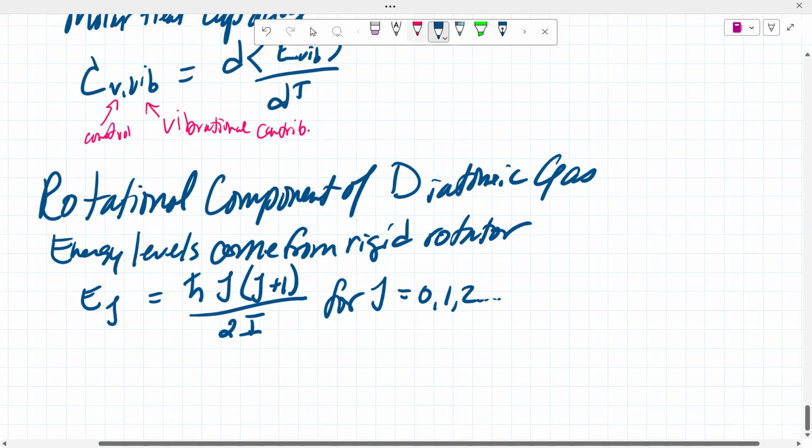Now, we need to make some notes here. J equals the quantum number, and I is the moment of inertia.